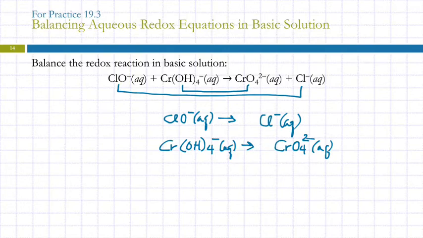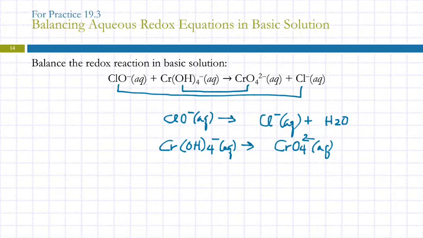Balance by mass first. So 1 chlorine and 1 chlorine, that's okay, but here I've got an oxygen. You balance oxygens by adding water molecules. So I'm going to add H2O to this side. So now I've got an oxygen on each side. Then I balance the hydrogens by adding H+.